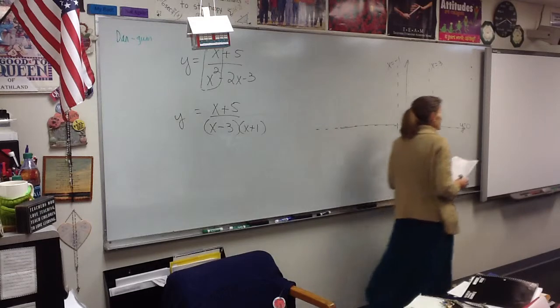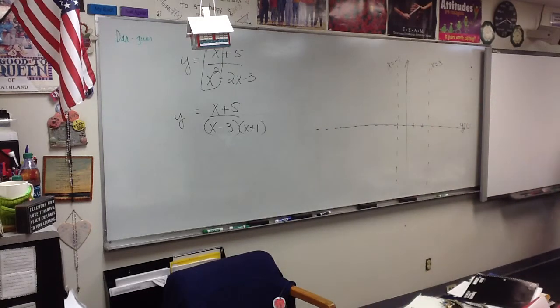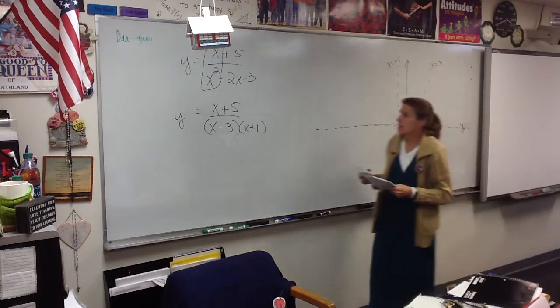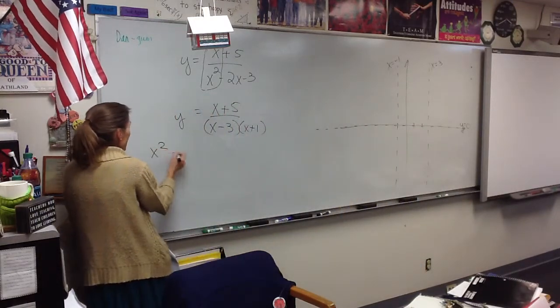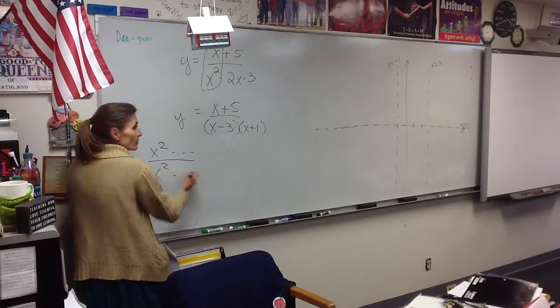There are 3 things that can happen when you look at those fractions. When you look at your fraction, you can have an x squared over an x squared.